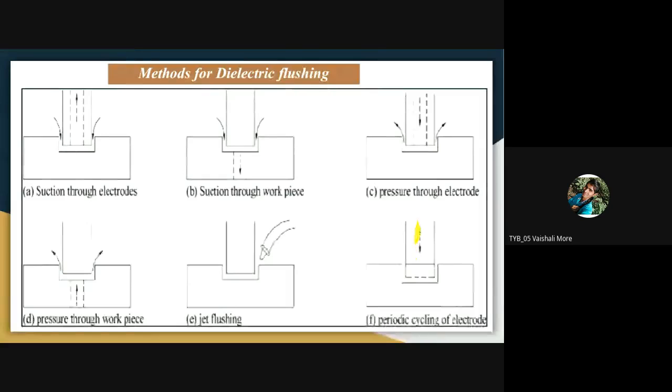If it vibrates with ultrasonic vibration, what will happen? The debris particles that are on the surface of the workpiece will come out. Ultrasonic vibration is used here, and this flushing method is used in the microEDM operation.